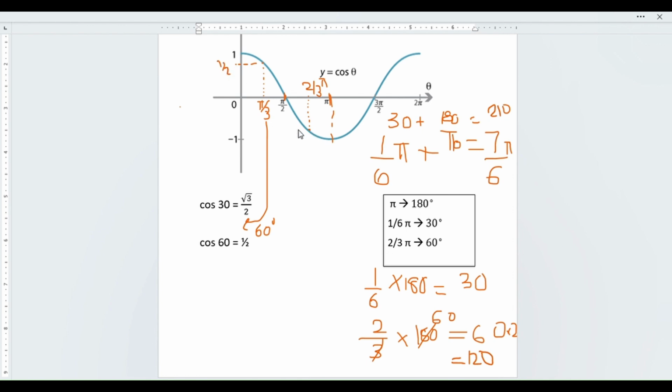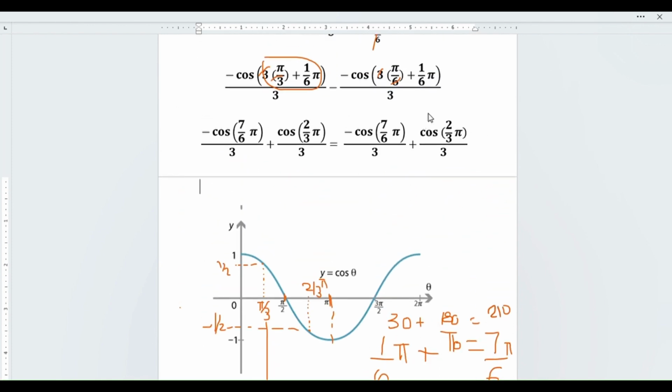This is why the value over here is going to be negative 1 over 2. So that's why my answer for cos 2 over 3 pi is going to be negative 1 over 2. And similarly, like we calculated before, the answer for 7 over 6 pi was negative under root 3 over 2.